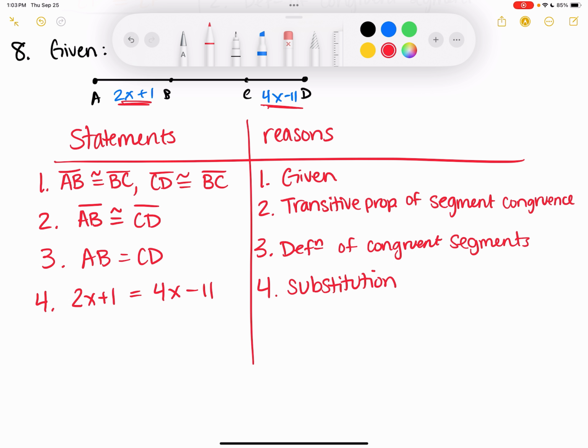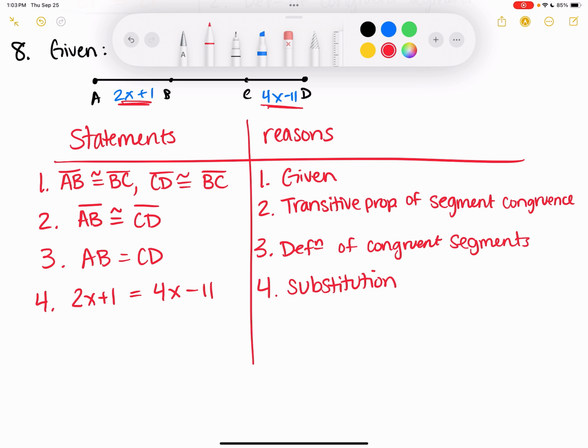All right, now, there are a lot of times in math where we do steps kind of simultaneously, okay? We have to be really, really careful about doing that in geometry because of the reasons behind it, okay?